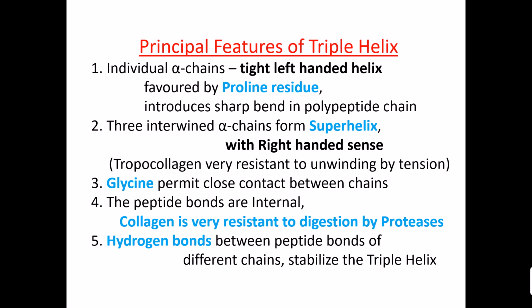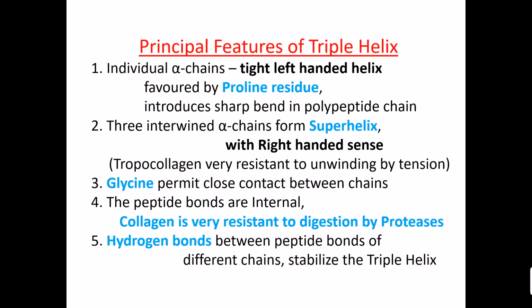Number 2, these three intertwined alpha chains form a super helix, that is the triple helix, with right-handed chains. You see, the single chain is left-handed, the super helix, the triple helical structure, is right-handed. So that is why the tropocollagen is very resistant to unwinding by any tension.